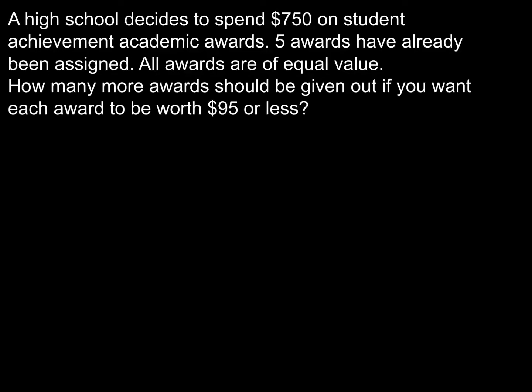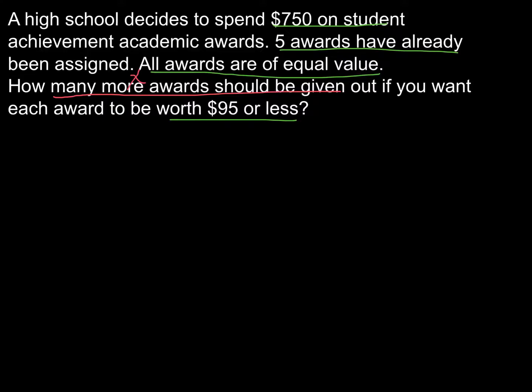There's a lot of information here that they heap on you, a lot of stipulations. But the basic thing that we walk away with is that we're trying to discover how many more awards should be given out. So let's use X to denote the additional number of awards that we're going to give out. And we know that we have to make each award $95 or less.